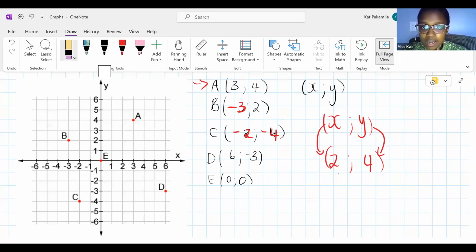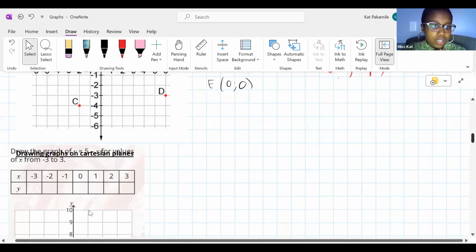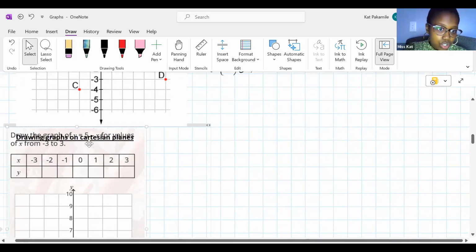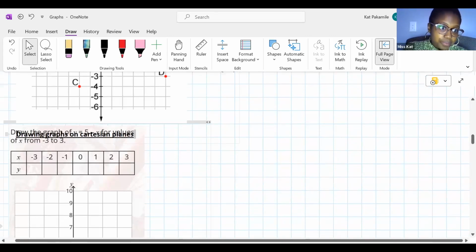I feel like more of us are understanding a little bit better now, which is beautiful. So we're going to go ahead and, first I'm going to get rid of this. We're going to fill our table.